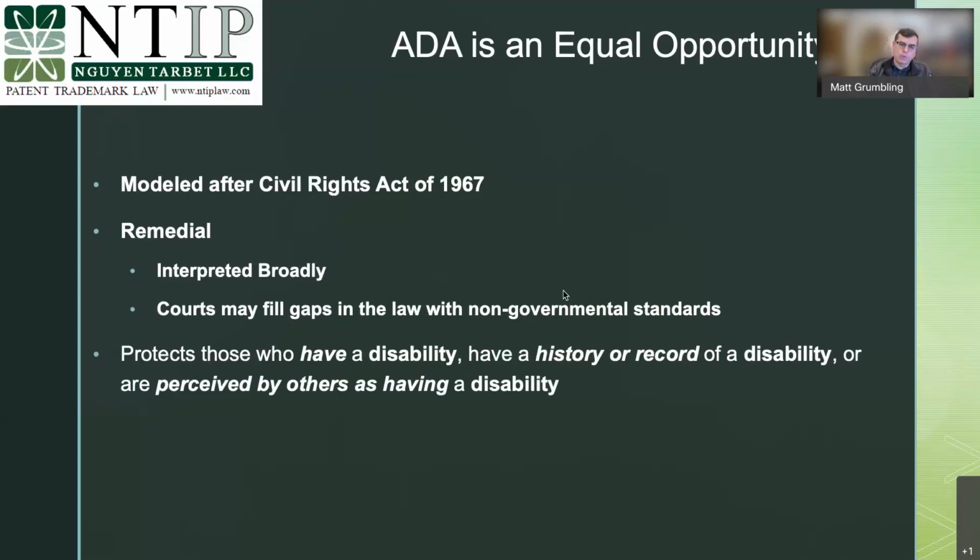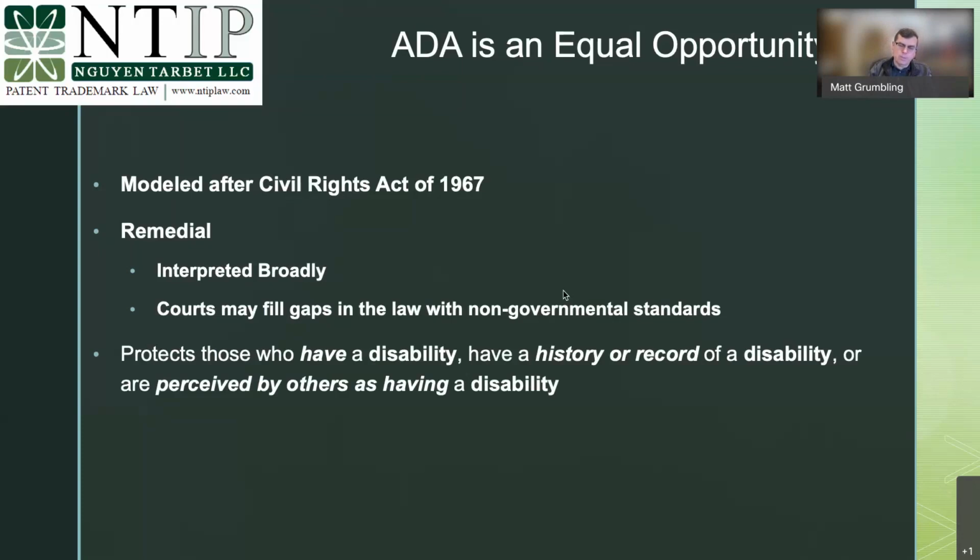So the whole point of the ADA is that it protects those who have a disability, have a history or record of disability, or are perceived by others as having a disability. So again, it's a pretty broad group of individuals.